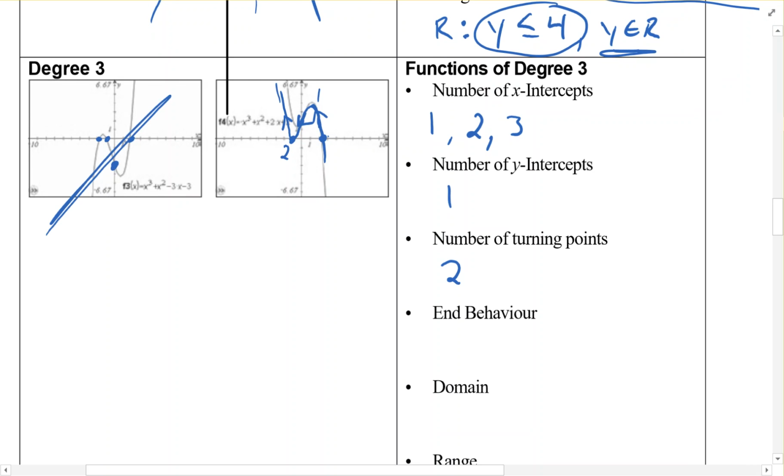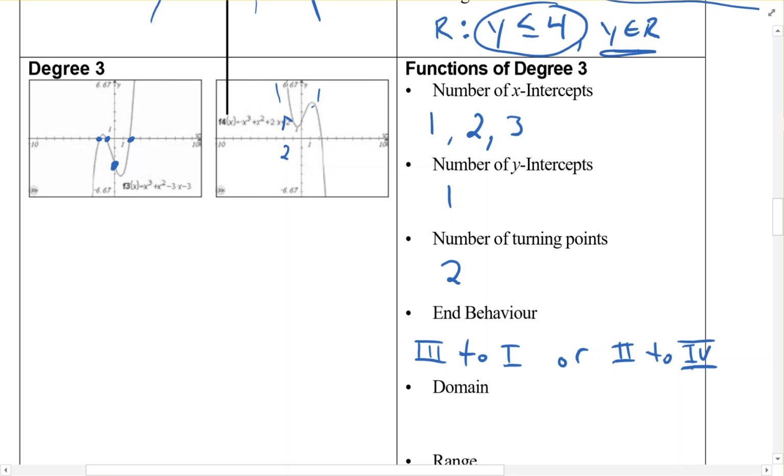So it's either going to go that way or that way. So end behavior, it's going to go from 3 to 1, or it's going to go from 2 to 4. That was terrible, but anyway, you get the idea.